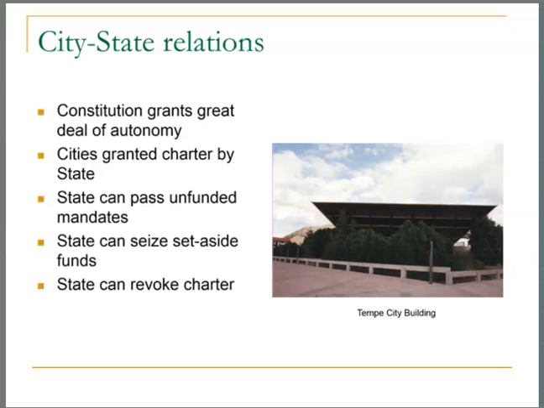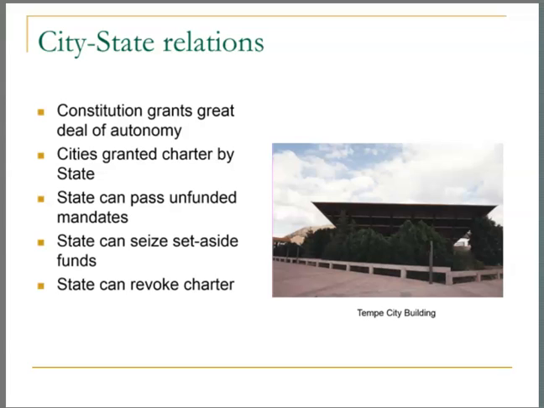In addition to that, the legislature can access funds that the cities have set aside, as it did in 2010 to help balance the state budget. The legislature can also pass laws that function like an unfunded mandate, requiring cities to do things but not appropriating money to the cities to do them with.